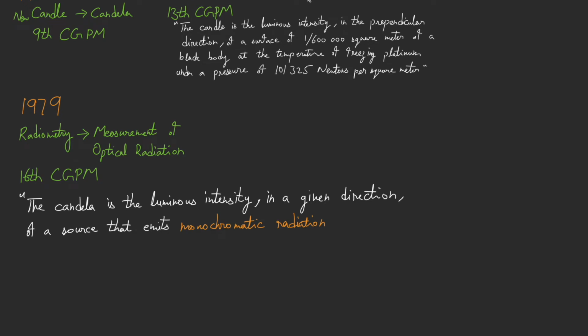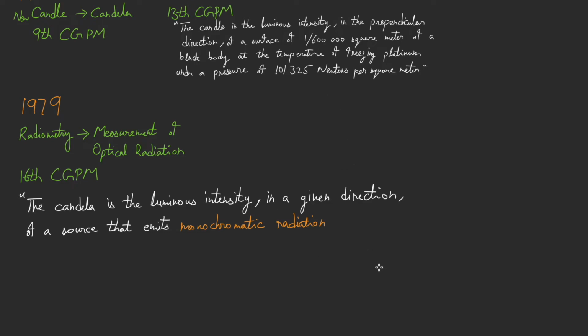So, what is monochromatic radiation? The monochromatic radiation is the radiation that has a constant frequency. The frequency doesn't change, so it has only one specific color. So, what was the frequency chosen?